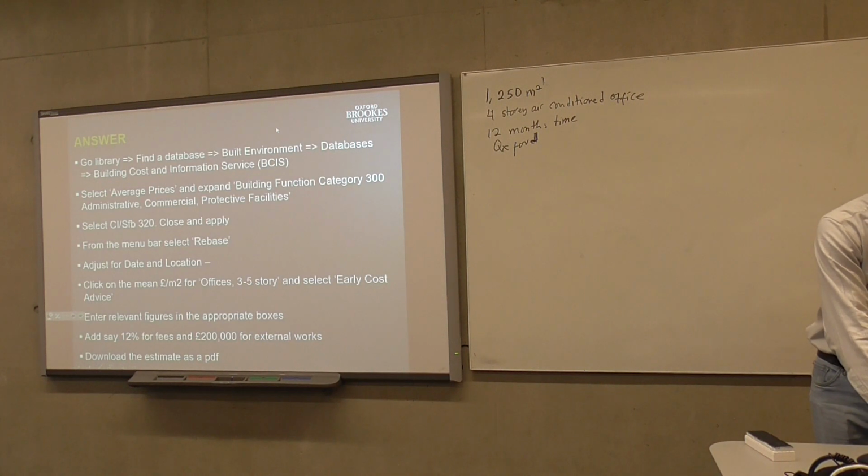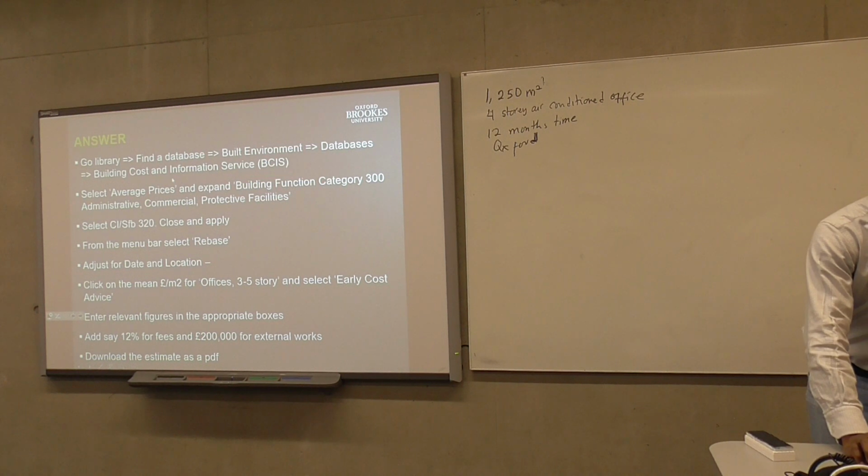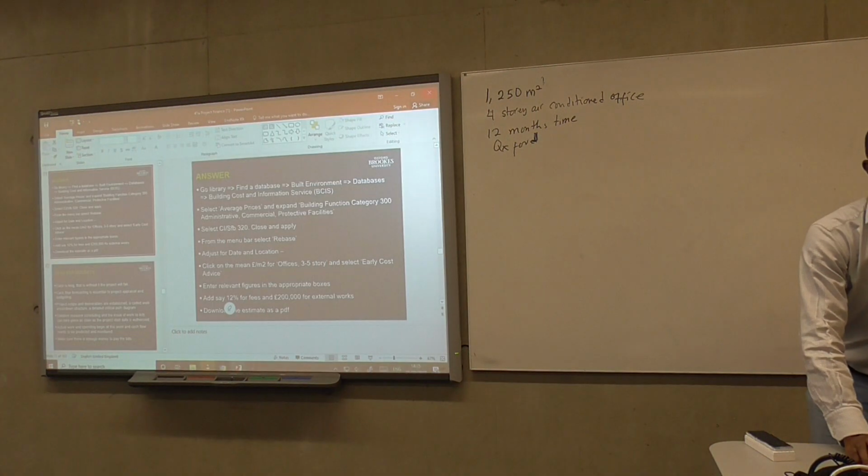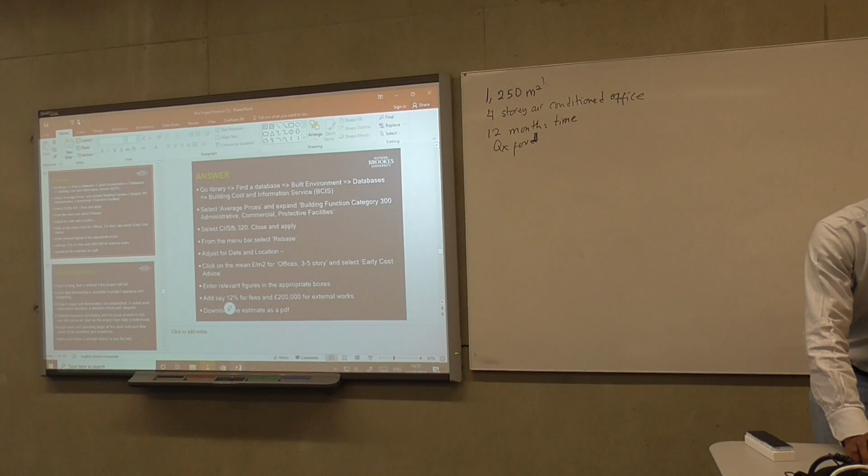So when we have such a problem, all we have to do is go to the university library. We go to the library, we select average prices, expand. So let's just go systematically.